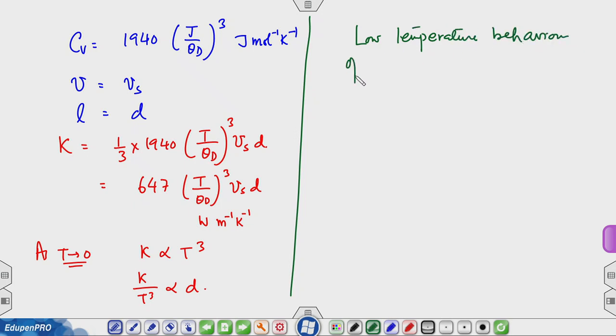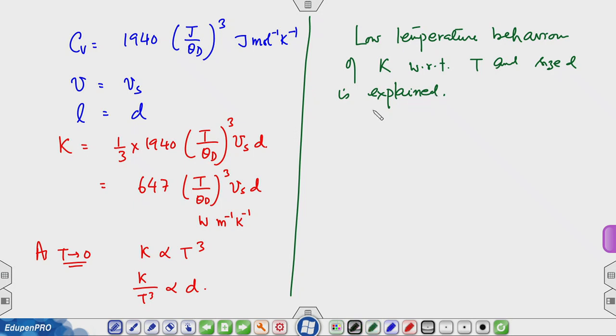Behavior of kappa with respect to T and size D is explained. Very good then. Then why doesn't the conductivity keep on increasing? So, let us see what are the other scattering mechanisms.